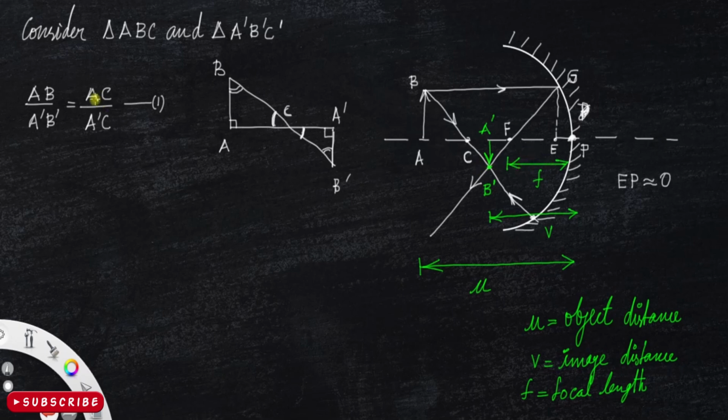Now let's consider triangle B dash A dash F, and this triangle FEG. Let me draw that here.